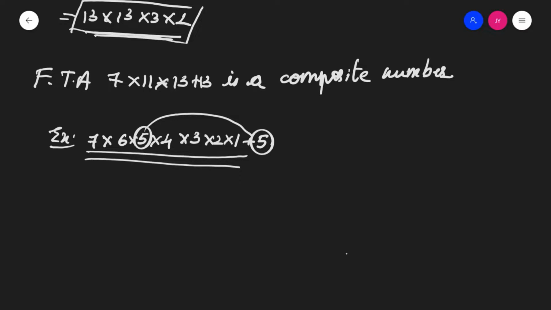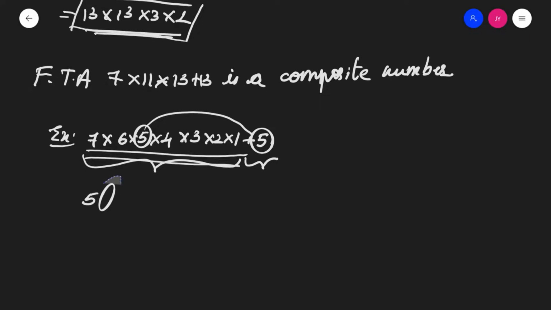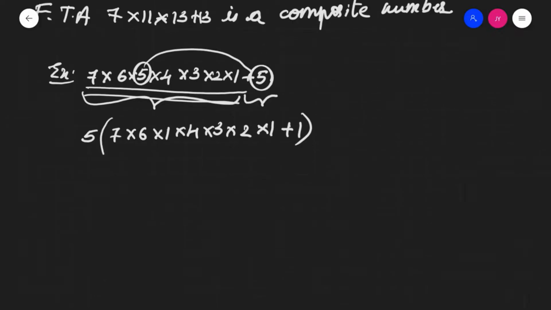So let us take 5 common in these two terms, because 5 is common. So it will become 5 into (7 into 6 into 1 into 4 into 3 into 2 into 1 plus 1).